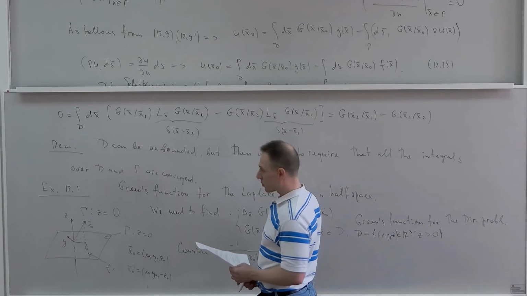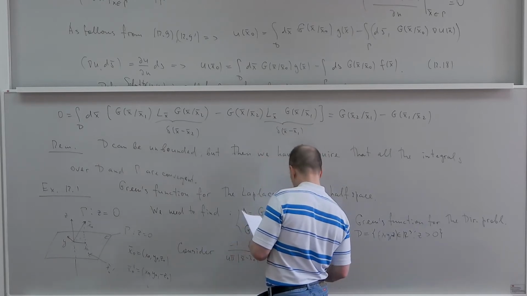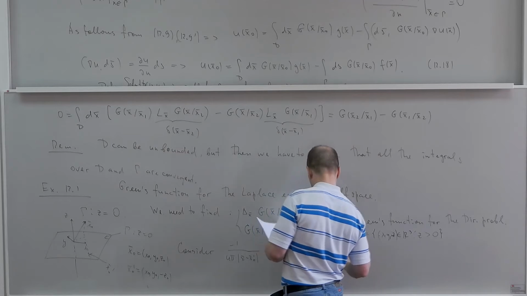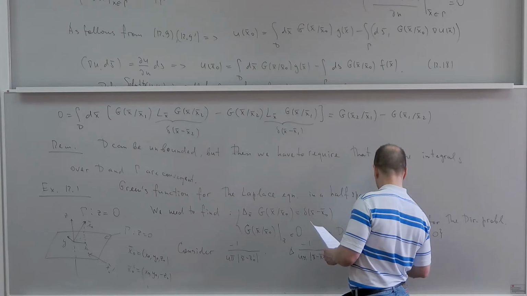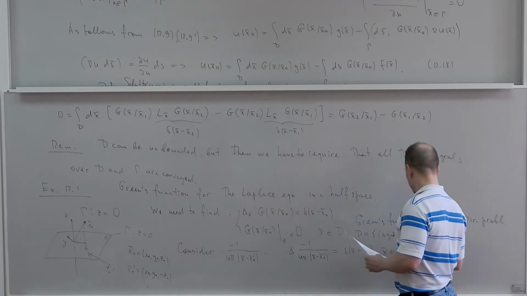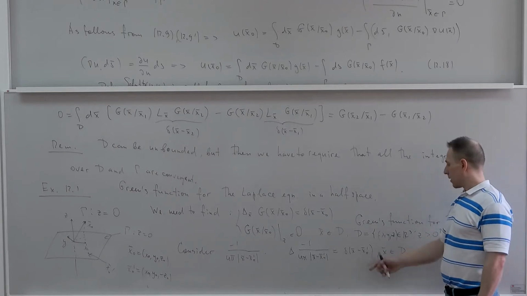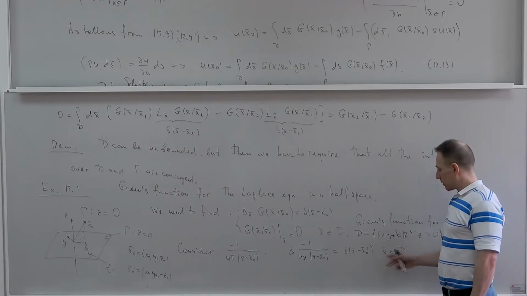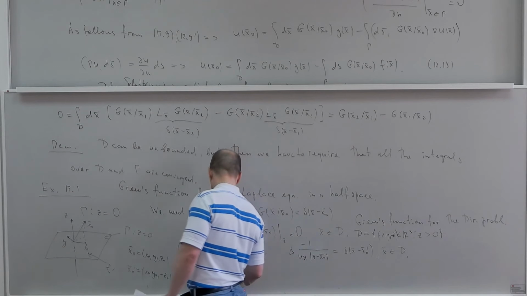We know from the previous lectures that it satisfies the equation, and due to the fact that x0 prime doesn't belong to the region D, the right-hand side of this equality is 0.